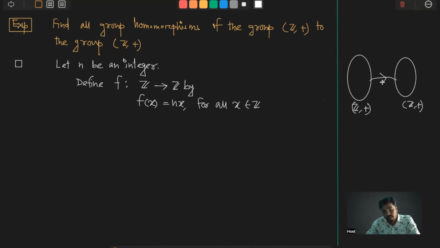We define a map f that maps from Z to Z. Clear? We have to first prove that this mapping is a homomorphism.